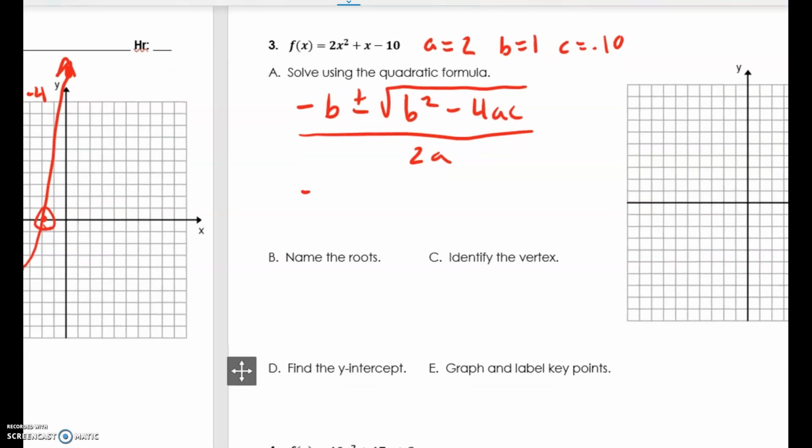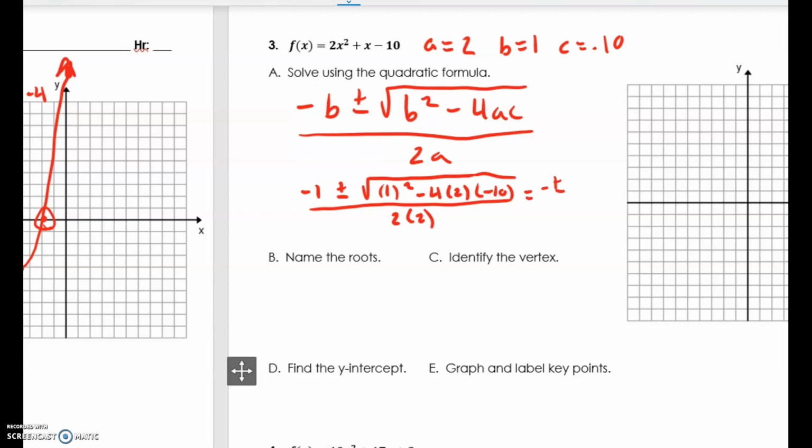So we have negative 1 plus or minus the square root of 1 squared minus 4 times 2 times negative 10. And that is all over 2 times 2, since a is 2. Okay, let's simplify.